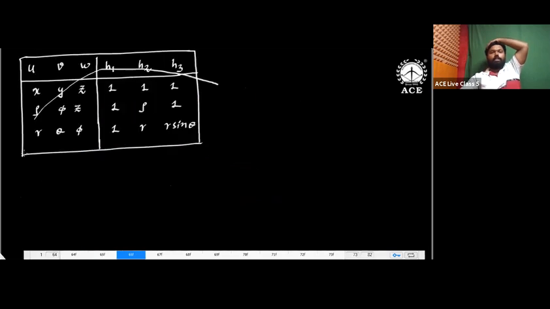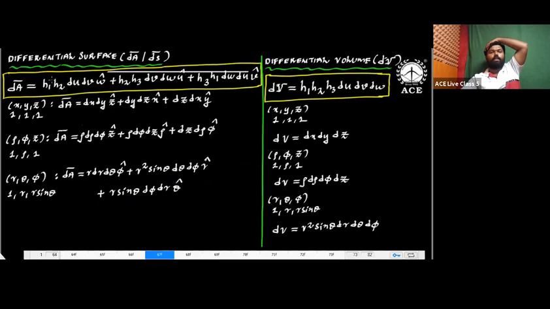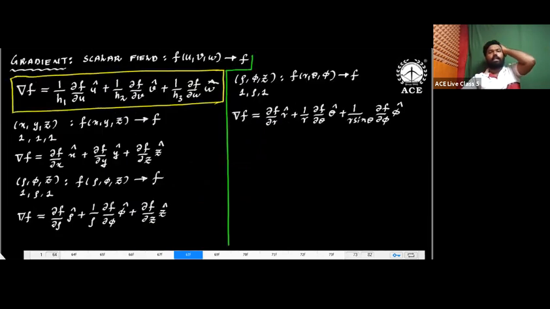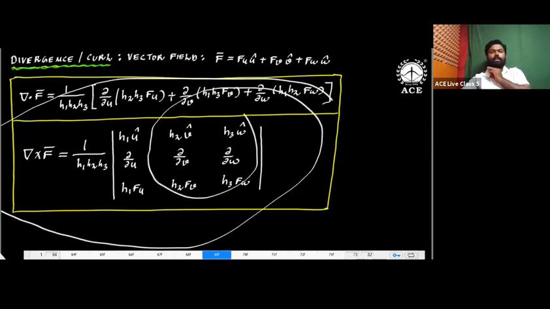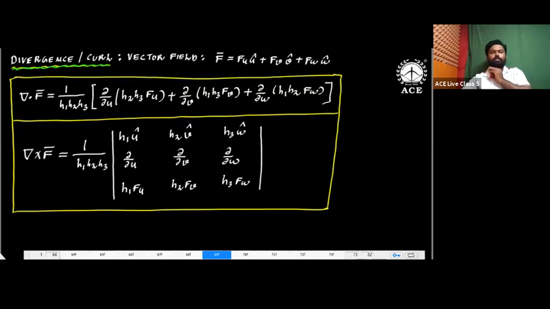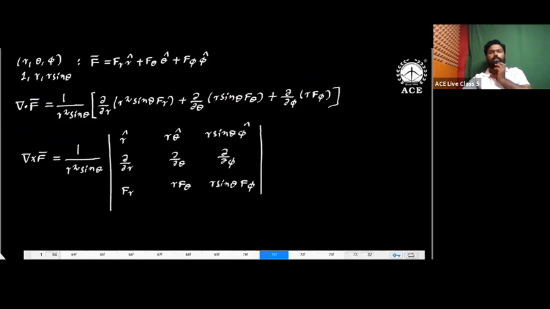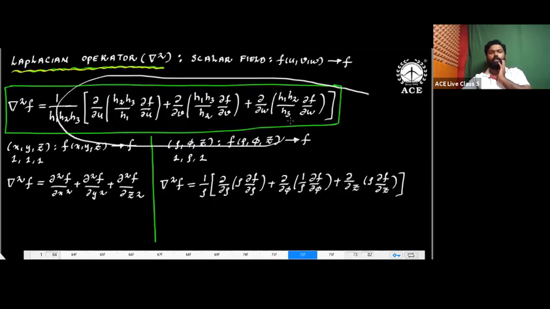And this is the table you need to remember. This is a standard form for the differential surface. This is a standard form for the differential volume. This is a standard form for the gradient. This is a standard form for the divergence and curl. And this is a standard form for the Laplacian operator.